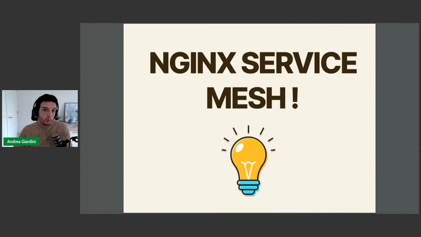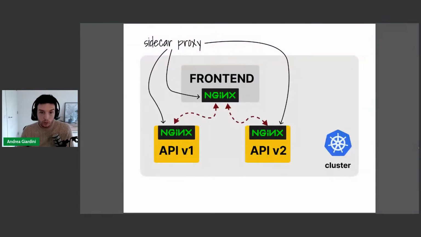Well, this is what NGINX Service Mesh is for. NGINX Service Mesh allows us to route traffic inside the cluster with specific percentages and weights. How does it work? We will see it in detail during the demo. But the idea is that when we are using NGINX Service Mesh, the service mesh attaches an NGINX proxy to each pod that is part of our cluster.